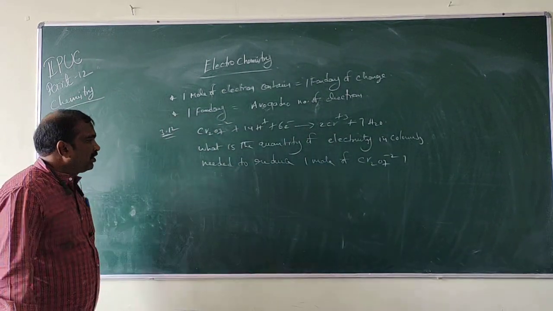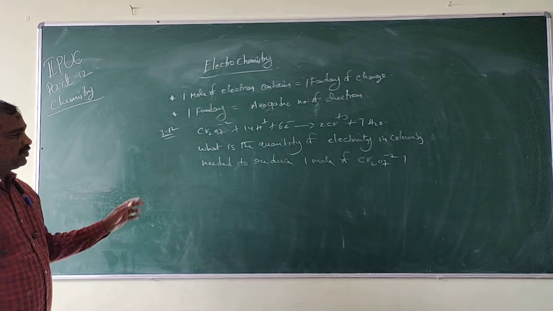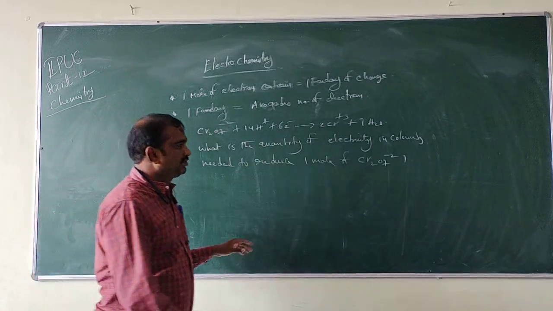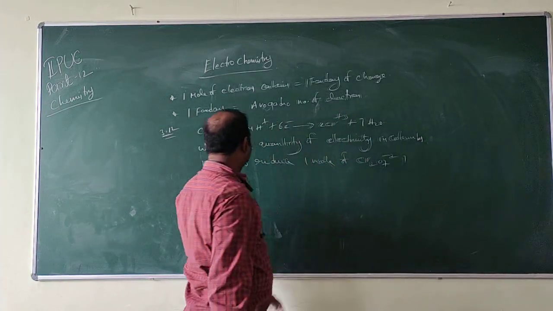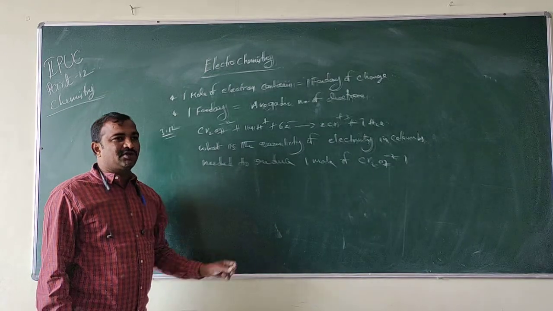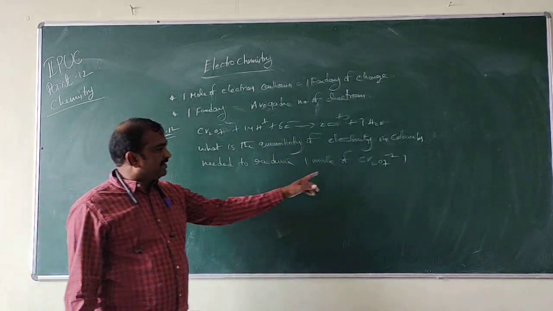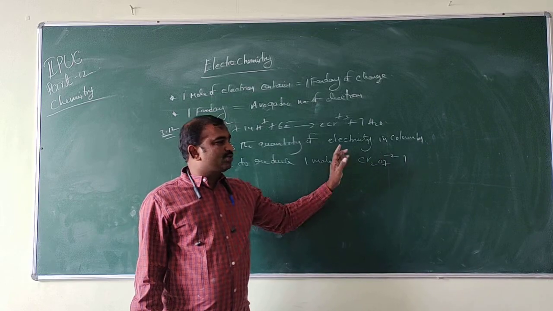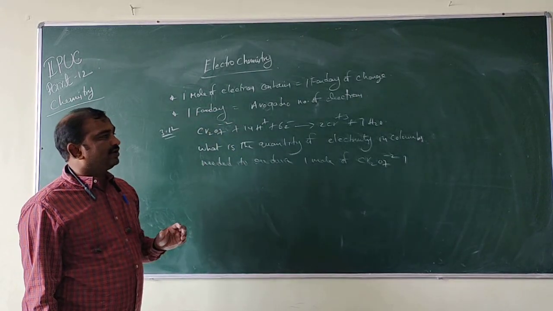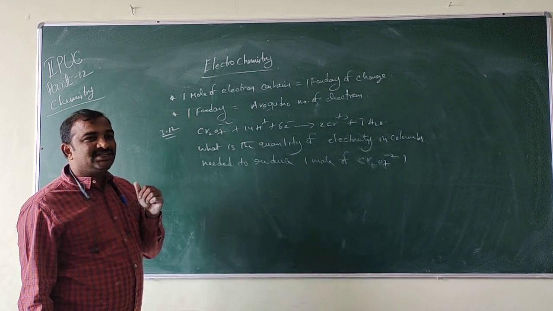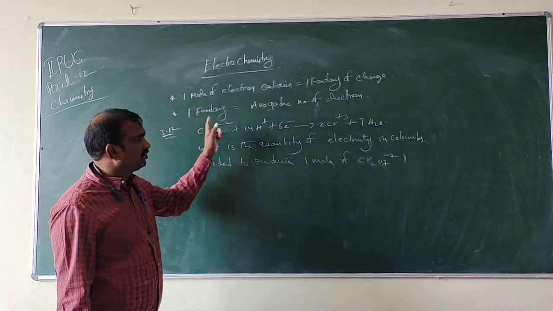See, look here. We have to calculate in coulombs. What is the quantity of electricity in coulombs needed to reduce 1 mole of Cr2O7 minus 2 ions? We are asked to reduce from this one to this.